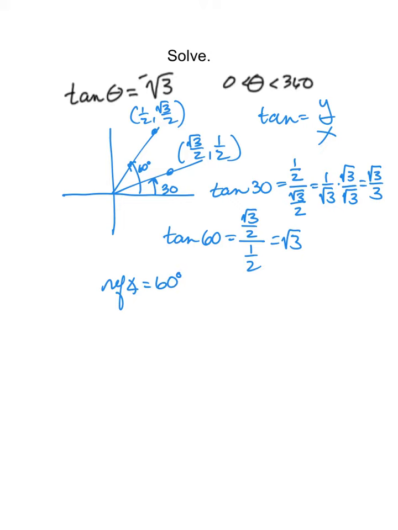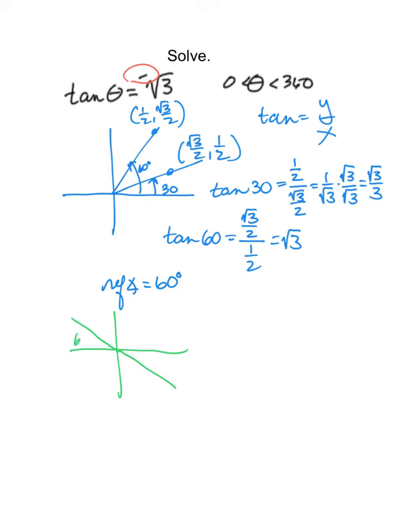The next thing I'm going to do is determine the quadrants of my solution based on the sign of my trig function. So I can see here that it's negative square root of 3. So my solutions are going to be where tangent is negative. And tangent is negative in the second quadrant and also in the fourth quadrant.